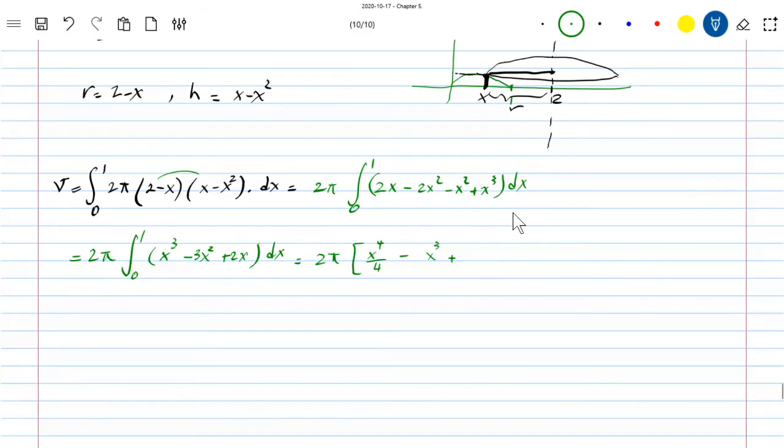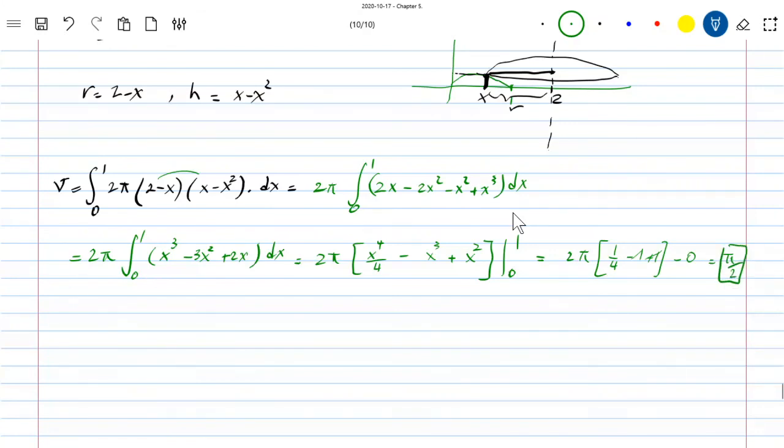And the antiderivative of 2x would be 2x squared over 2. The 2's again will cancel. And we evaluate from 0 to 1. If you replace with 1, you get 2 pi times (1/4 minus 1 plus 1). And if you replace with 0, you'll get 0. So you get pi over 2.